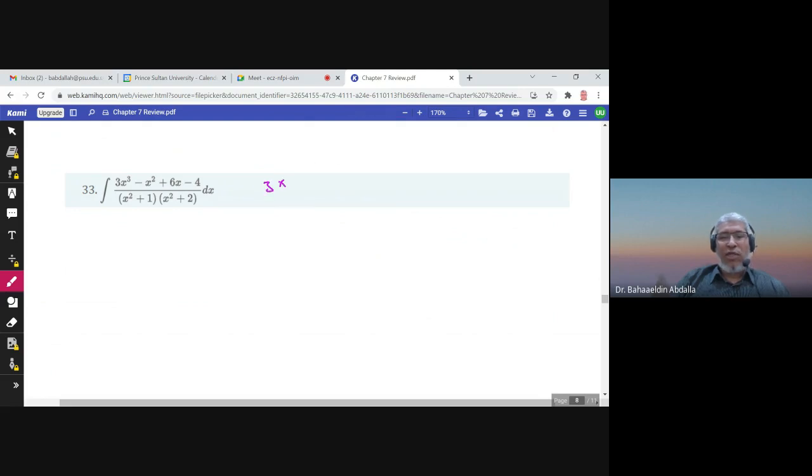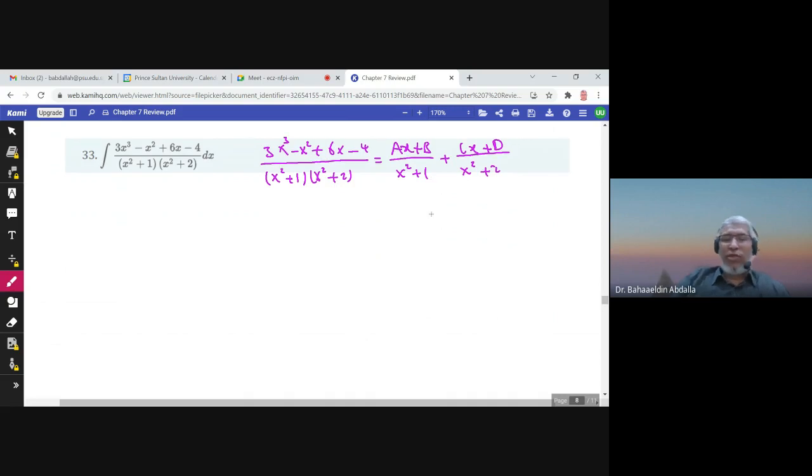So I will write 3x cubed minus x squared plus 6x minus 4 over x squared plus 1 times x squared plus 2 equals ax plus b over x squared plus 1, as we did in 7.4, plus cx plus d over x squared plus 2.